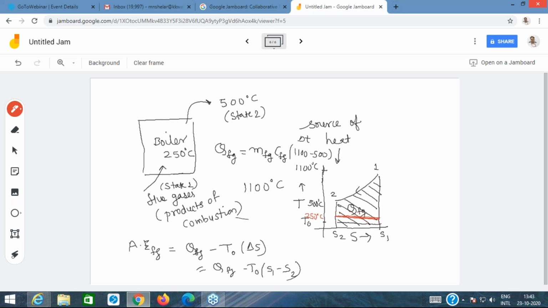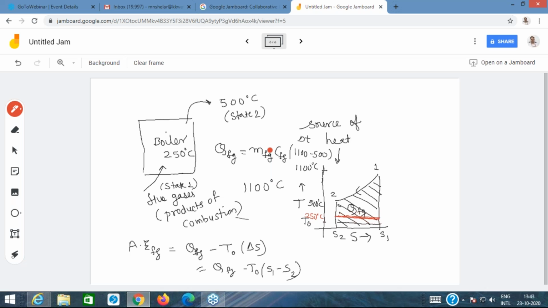How can we represent the heat which is gained by the water in the boiler on a temperature entropy diagram? It can be represented by the area under the 250 degrees centigrade temperature line.